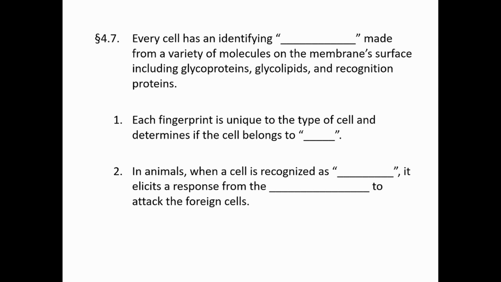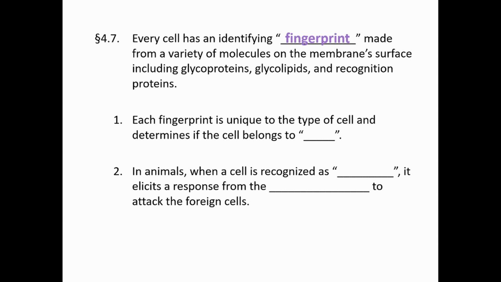So like I mentioned, every cell has an identifying fingerprint. We have to know who is who and whether or not you belong there. It's actually a really important thing, especially in animals, when it comes to your immune system. Every single cell has a different combination of molecules on the surface, including things like glycoproteins, which would be a carbohydrate and protein together, glycolipids, which would be carbs and lipids together, and other recognition proteins.